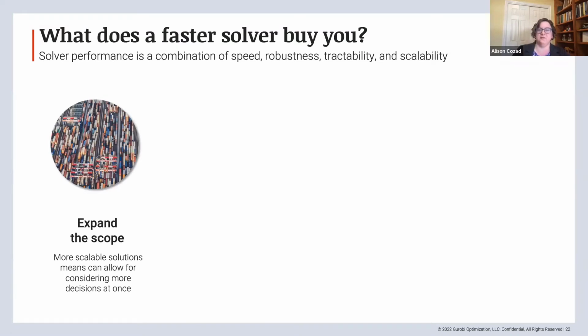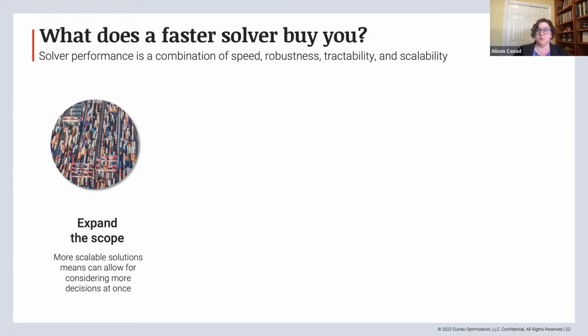So instead of solving just within North America, maybe your problem can look at North America plus Europe plus South America and so forth. Maybe you're expanding in time. So instead of looking at a planning horizon that is over the next couple months, maybe you're able to look for the year.